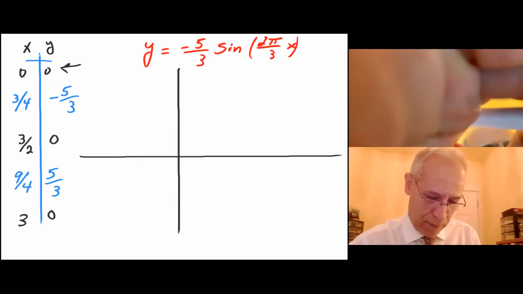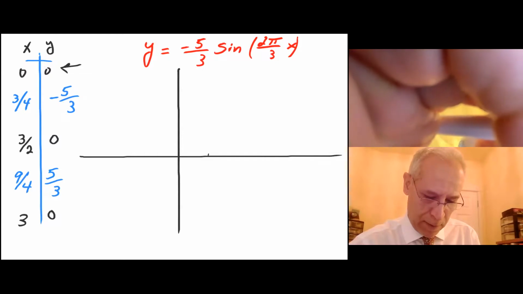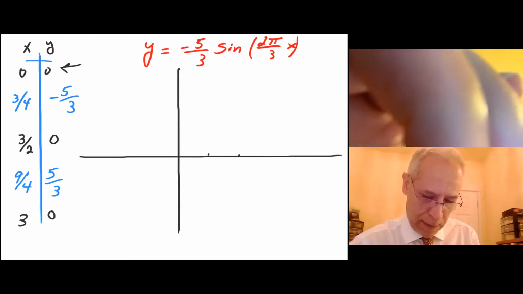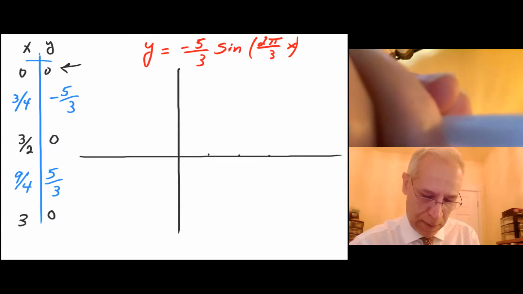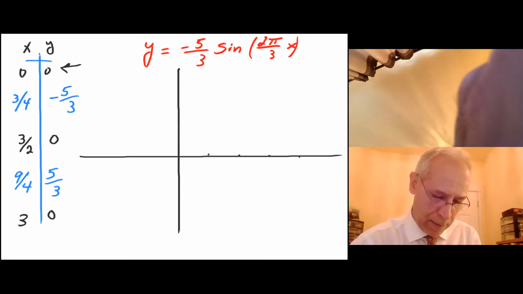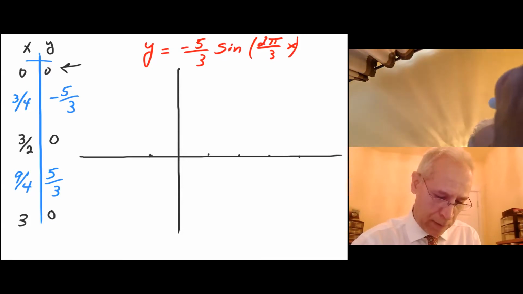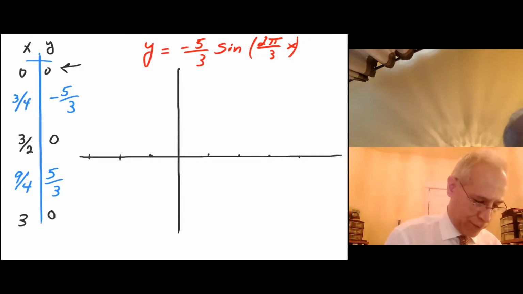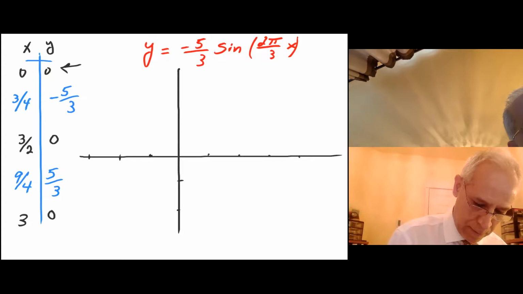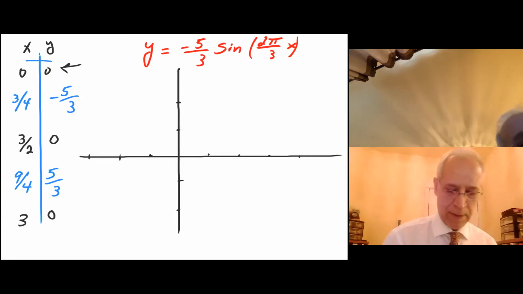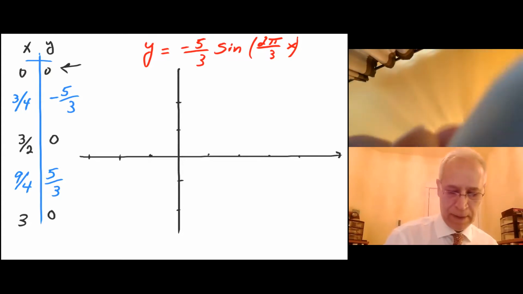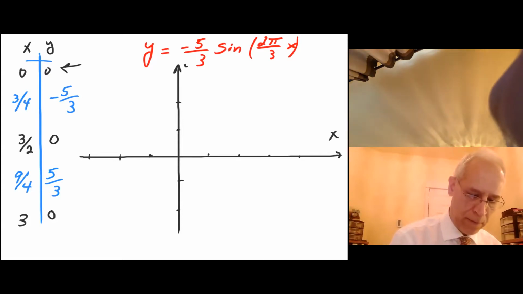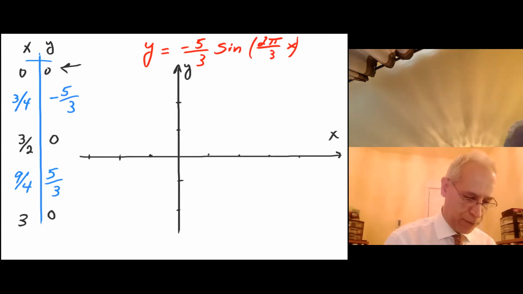So let's go one tick mark, another tick mark, another tick mark, and another tick mark. And up and down, of course, we can go, let's say, a 1 and a 2, and a 1 and a 2. Okay. X, Y. So, of course, this is my 0.